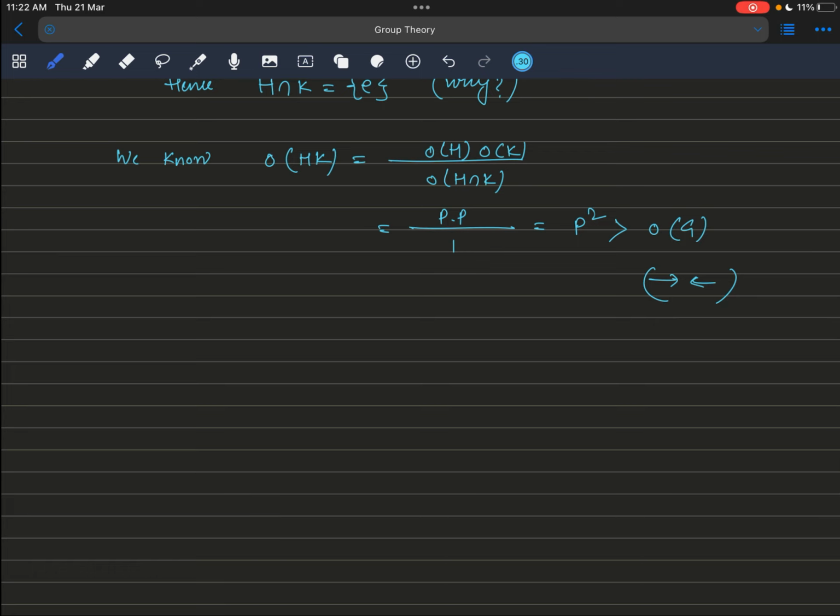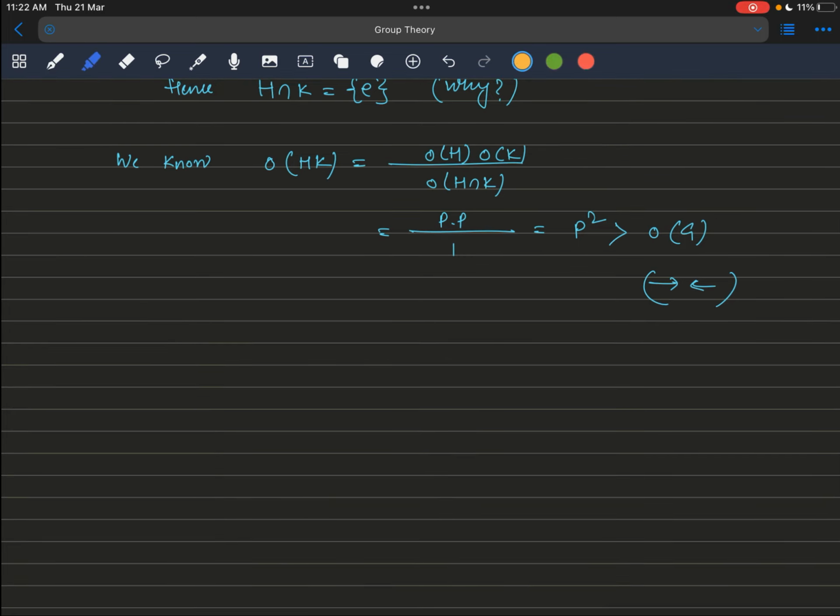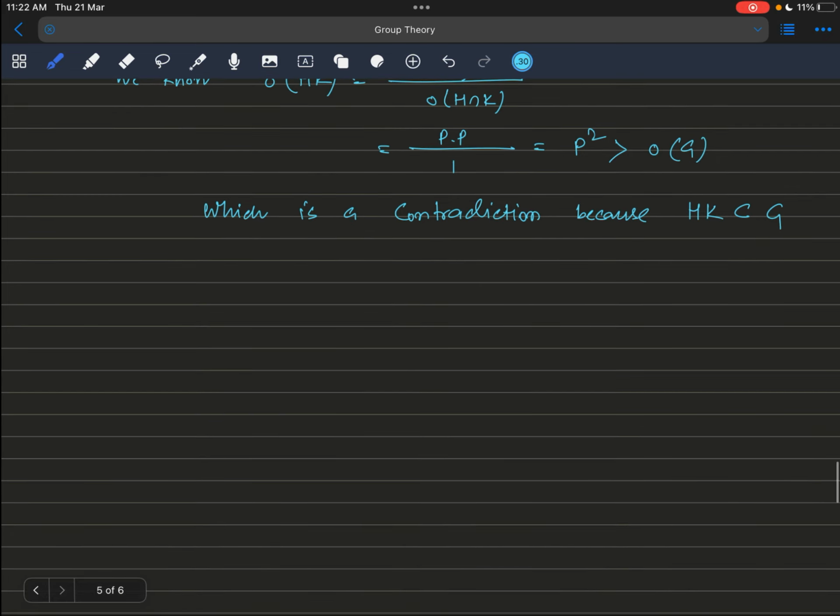Which is a contradiction. Why? Okay, let me write it clearly. Alright. Which is a contradiction, because HK is a proper subset of G. So our supposition is wrong.